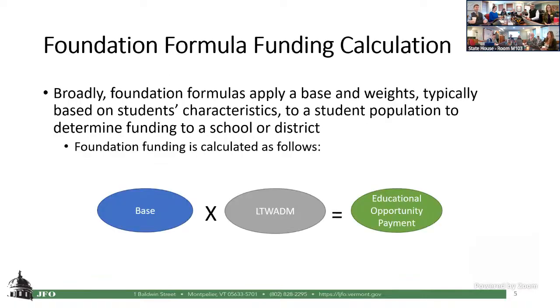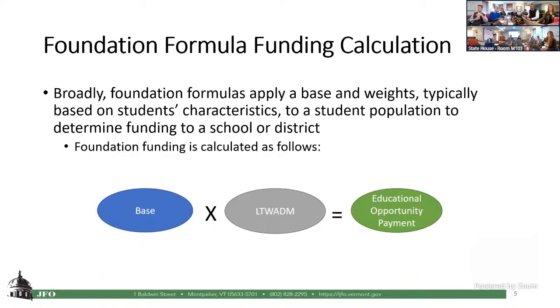Broadly, the foundation formula will apply a base and weights, which are typically based on the student's characteristics, such as FPL, EL, etc., to a student population to determine the funding that a school or district would receive. With Act 73, we're talking about the funding that the district would receive.